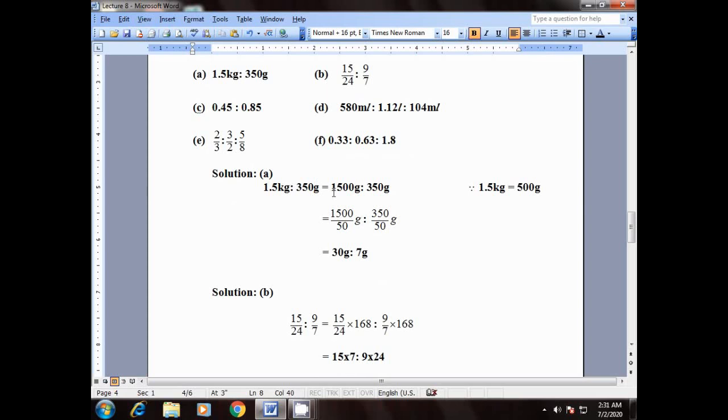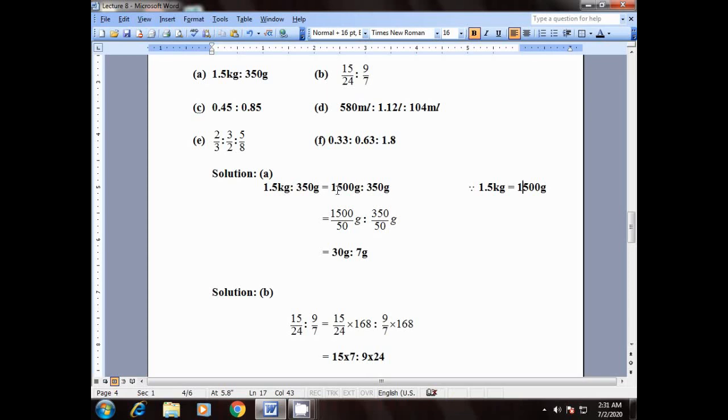First of all, before simplifying this question, we will convert this kilogram into gram. Now we know that 1.5 kg is equal to 1500 grams. We will replace 1.5 kg by 1500 gram, ratio, the second quantity 350 gram as it is.